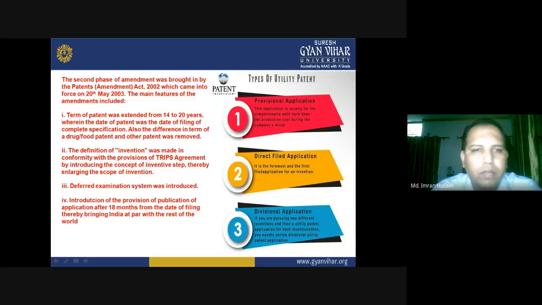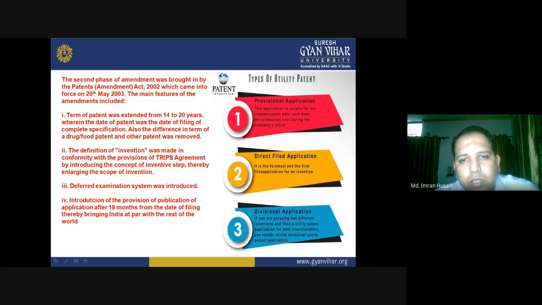The second phase of amendment was brought in by the Patent Amendment Act 2002, which came into force on 20th May 2003. The main features of the amendments include: see, India is always upgrading its patent acts, which are constantly receiving amendments.